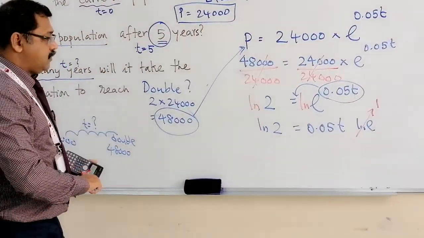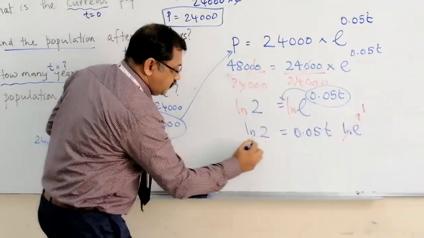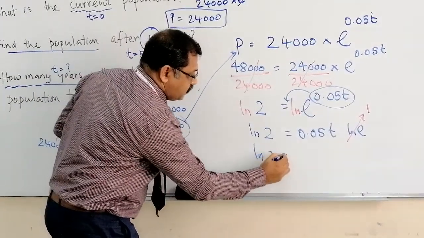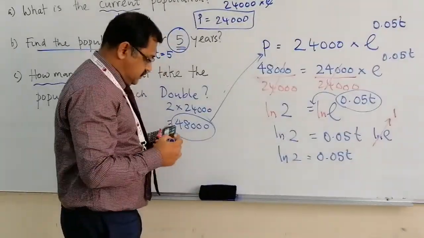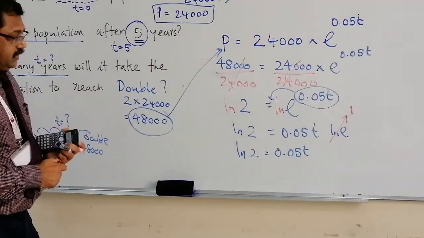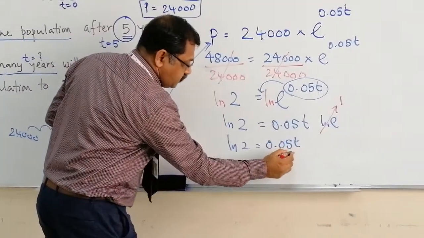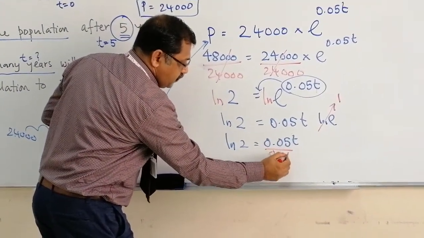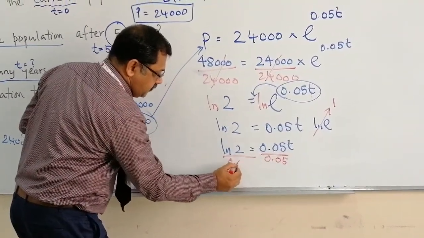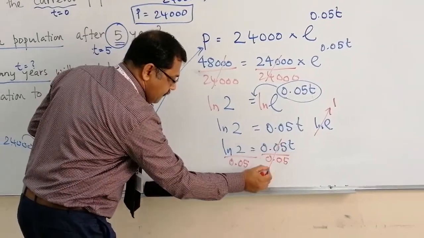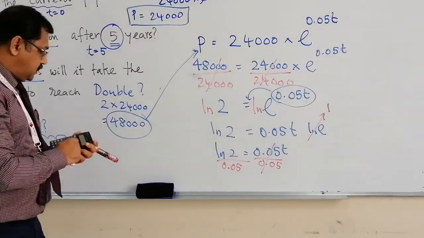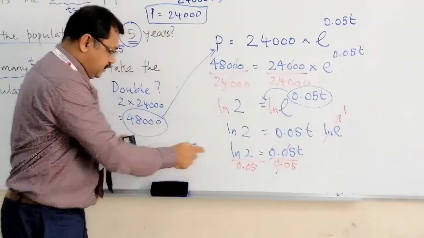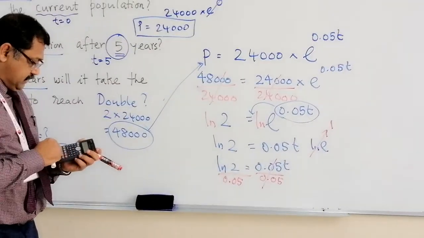So the equation becomes ln 2 equal to 0.05t, and we need the value of t, so you divide by 0.05 on either side. You calculate the value of ln 2 divided by 0.05 using your calculator.